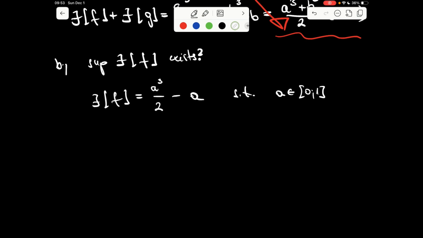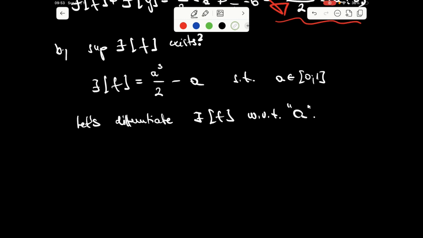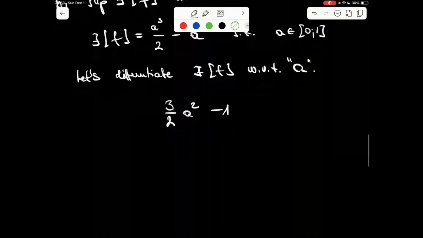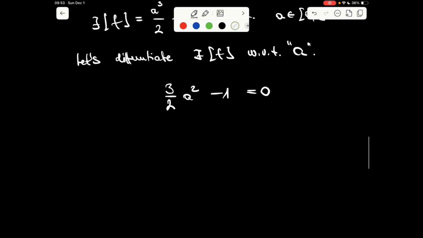So let's differentiate J(f) with respect to a. And now we have this expression, which in the maximum, 3 over 2 a squared minus 1, is supposed to be 0.